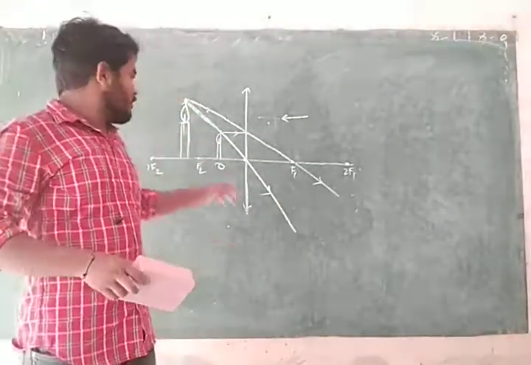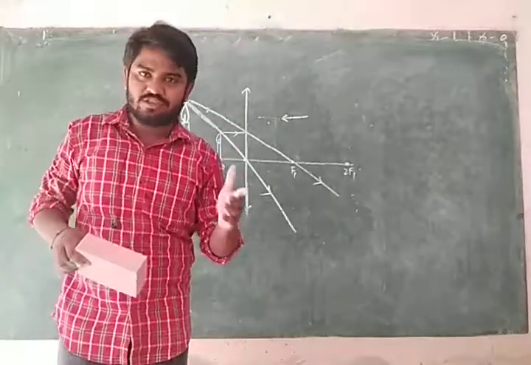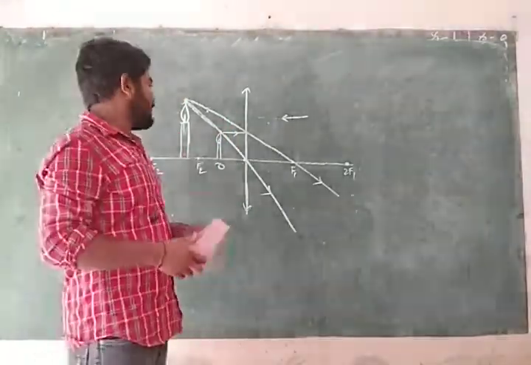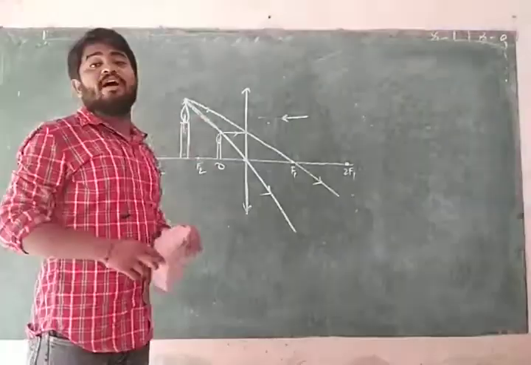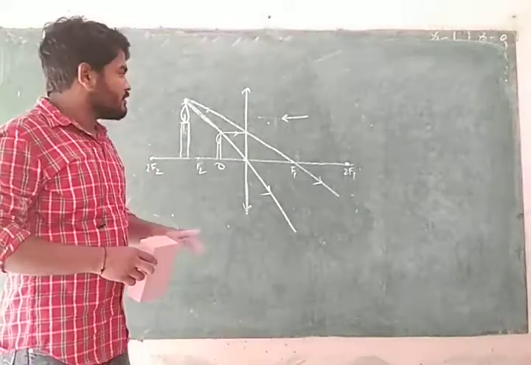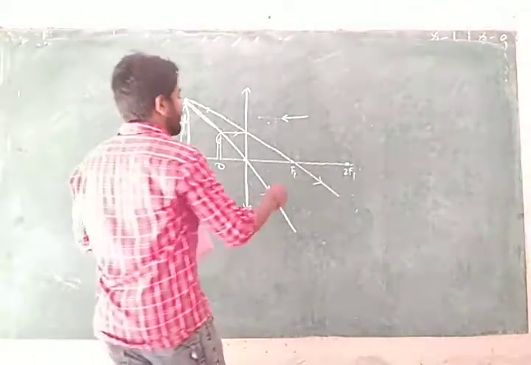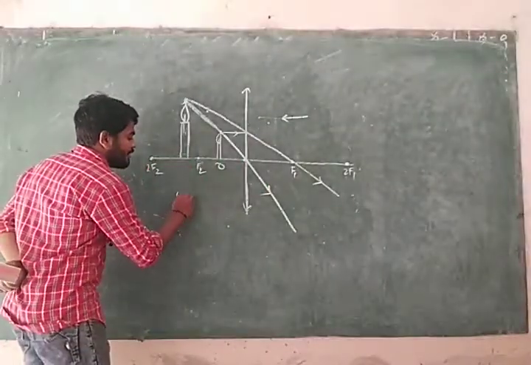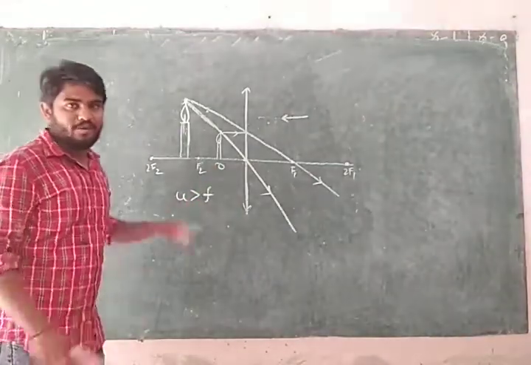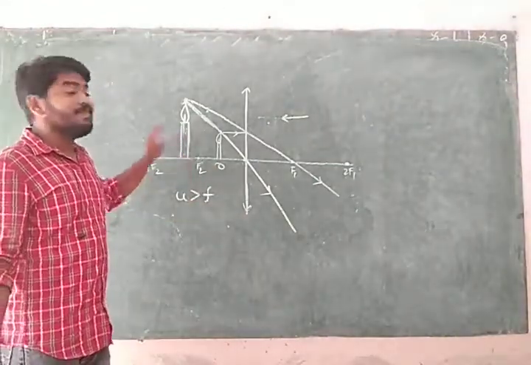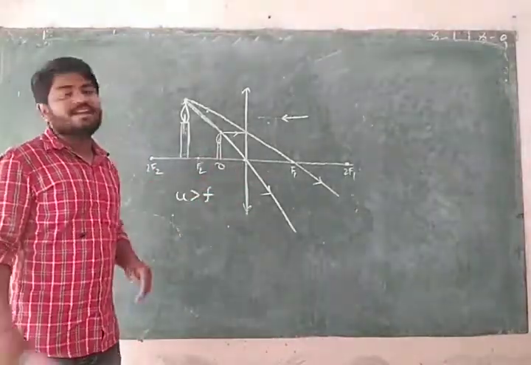Right? So according to the object distance, the nature of the image is changing. Clear? You must remember that. Now, an enlarged, erect and virtual image. Clear? So this is our concept. When the object distance is greater than the focal length, the image will be real, inverted and enlarged.